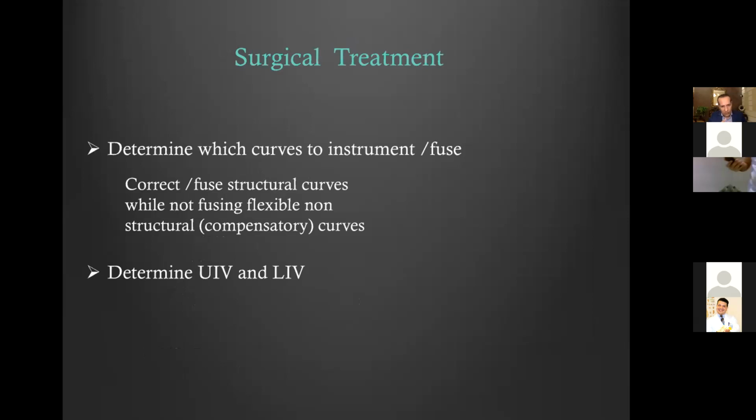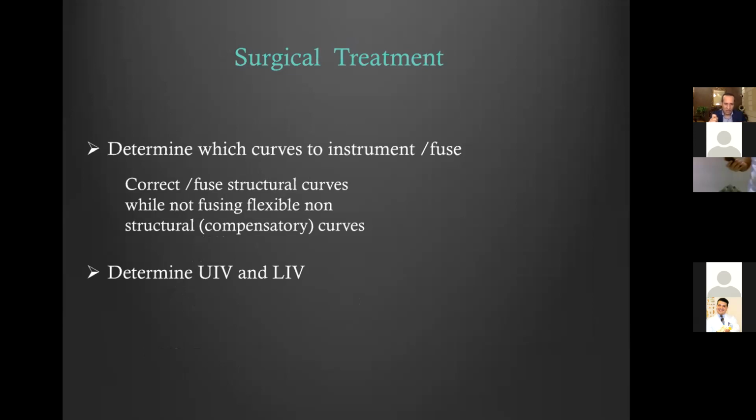Two very important points when we are thinking about surgery for scoliosis. The first point is to determine which curves to instrument and fuse. We have very big curves, and we have a compensatory curve which is small. So I have to decide whether to do all of it or select which curve to do.